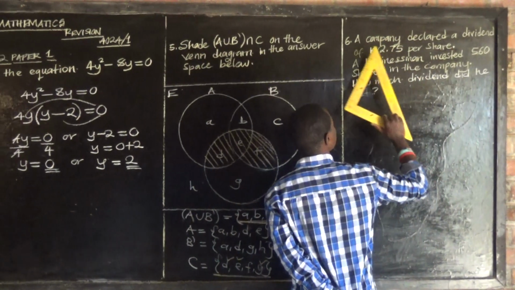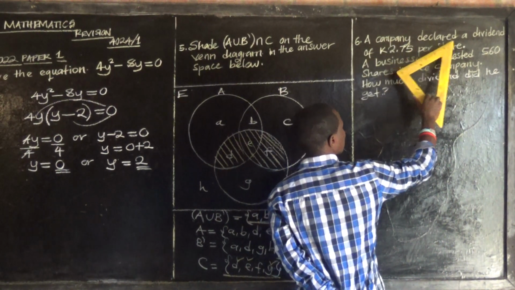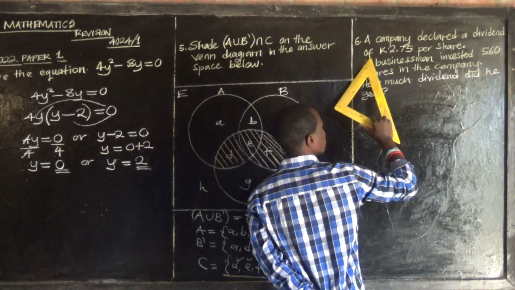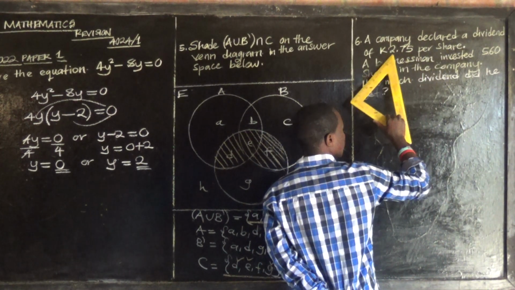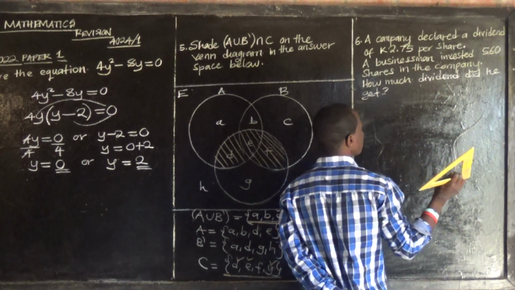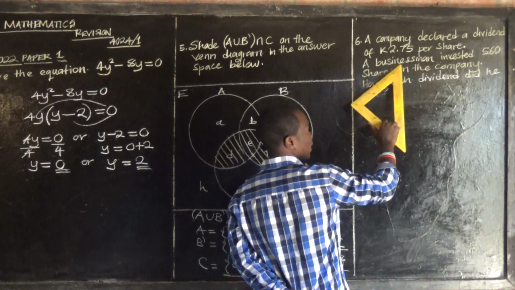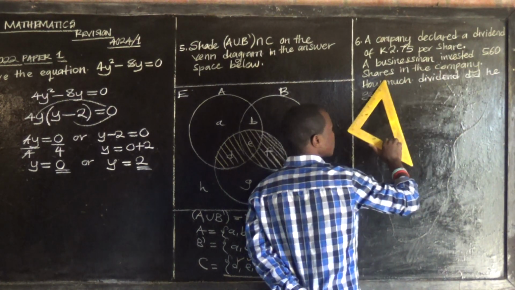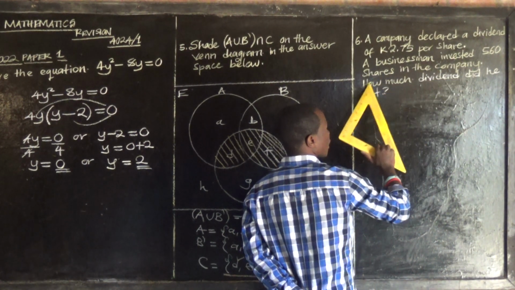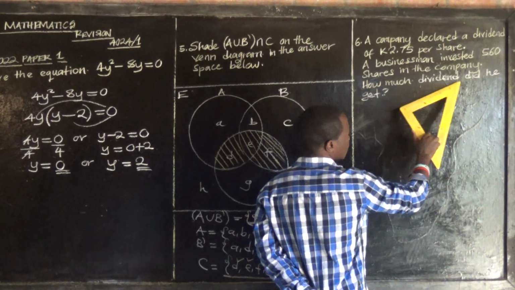It's saying a company declared a dividend of 2 quarter 75 ingwe per share. Per what? Per share. Now, a businessman invested 560 shares in the company. How much dividend did he get?